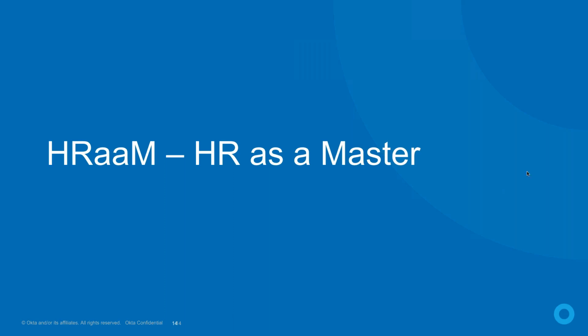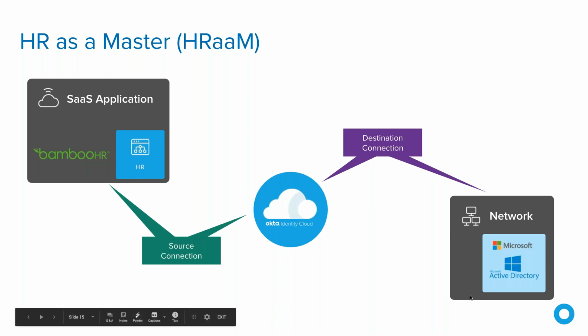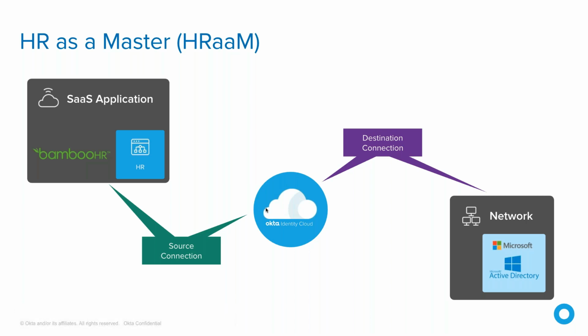In terms of the demonstration which I've put together for you today, all I've used is an Okta tenant, a SaaS application, a BambooHR existing in the form of a SaaS application, and a standard Microsoft Active Directory. All I've done is set up the connection between BambooHR and Okta, and both those applications being SaaS-based, the integration is performed by way of an API.